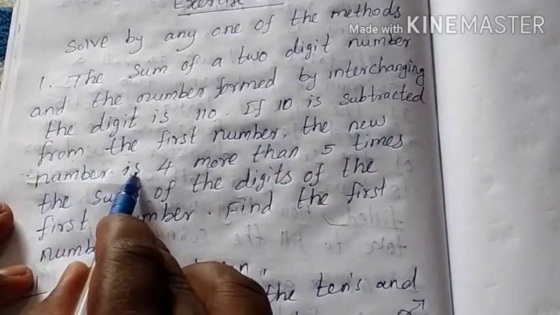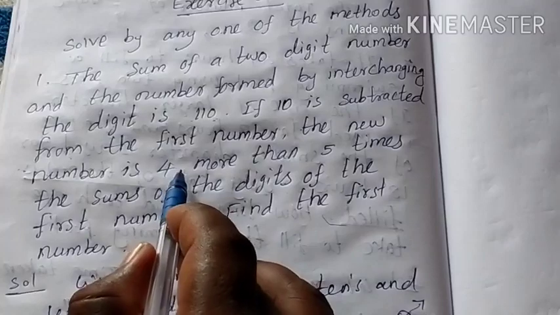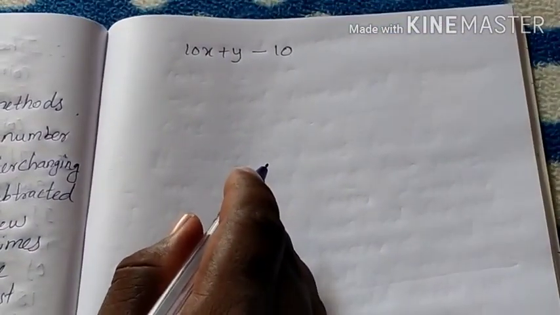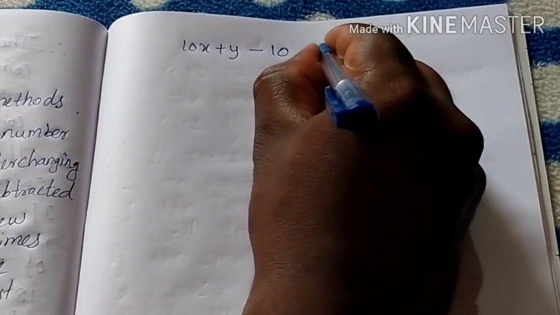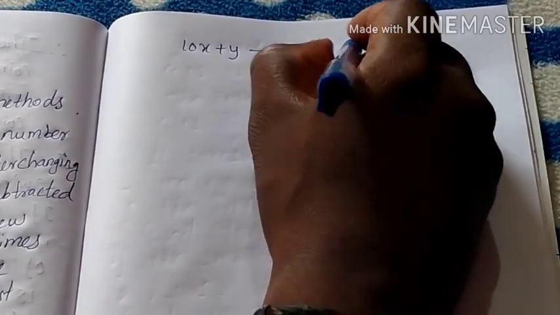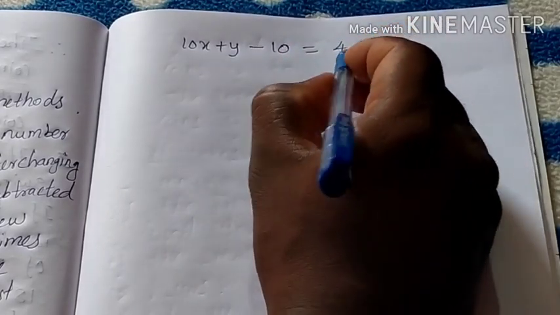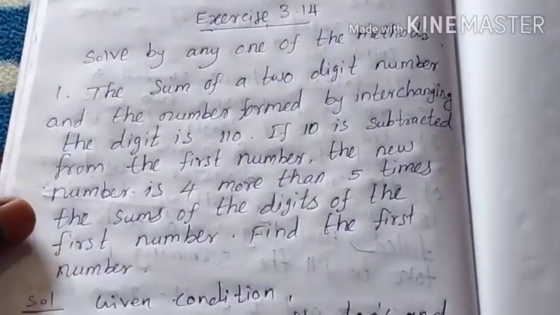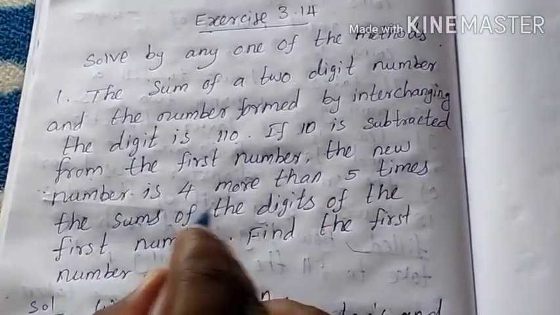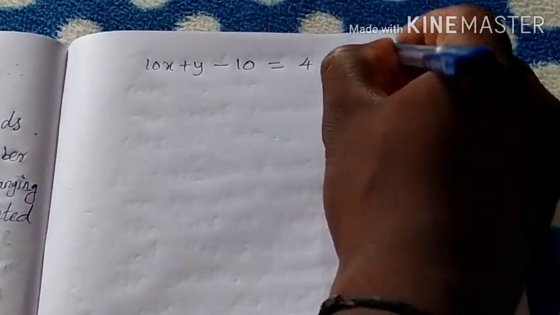The new number is 4 more than... that means the new number, which is the first number with 10 subtracted, is equal to 4 more. The word more represents the addition symbol. 4 more than 5 times the sum of the digits. 5 times means making the multiplication. 5 times the sum of the digits.